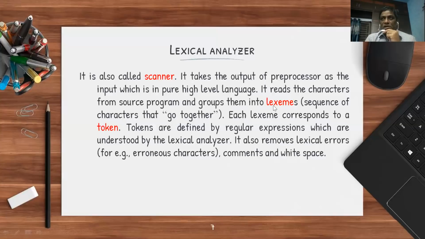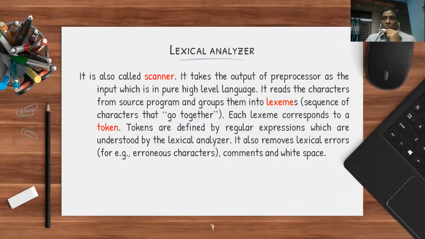Then the comma is a valid lexeme categorized as a delimiter, followed by B. B is again recognized as a lexeme and categorized as an identifier. Finally, when it sees the semicolon, it recognizes that the statement is completed.